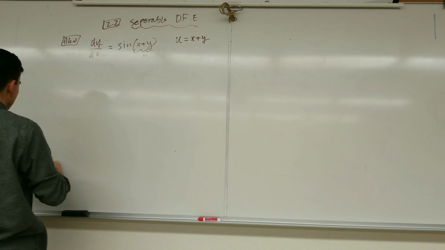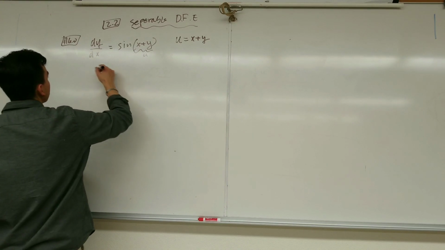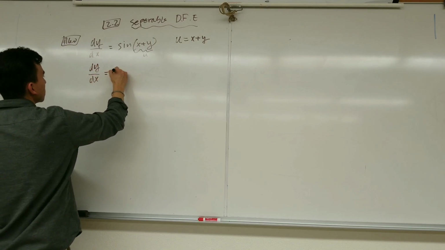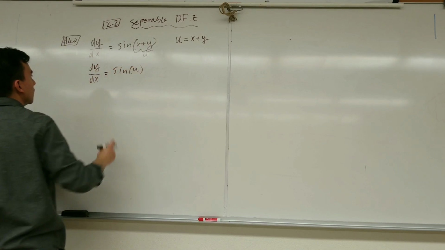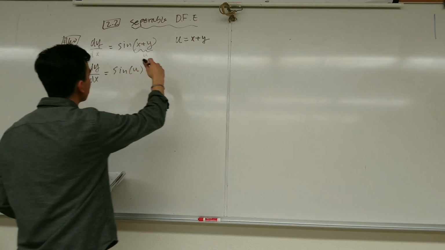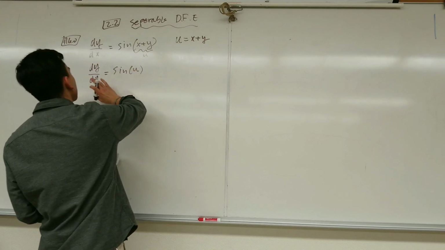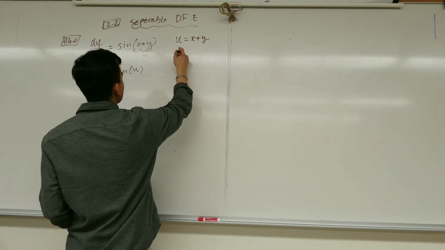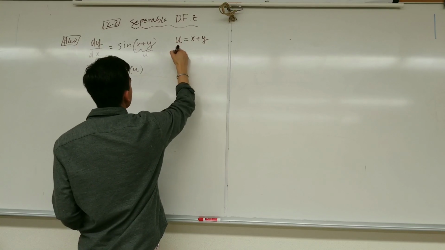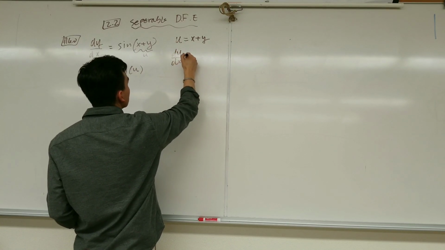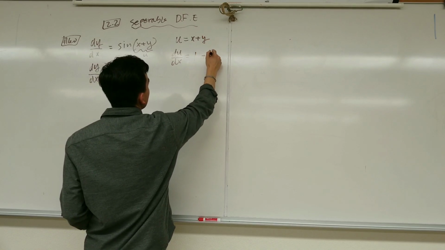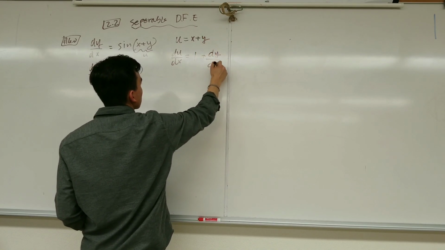Okay, well, what does that mean for us? Well, if I rewrite it, it makes it a lot cleaner. Well, like in our last problem, we have to solve this equation now. We need to solve it in terms of dy dx. So if I take the derivative of u with respect to x, we get du dx is equal to 1 plus dy dx.